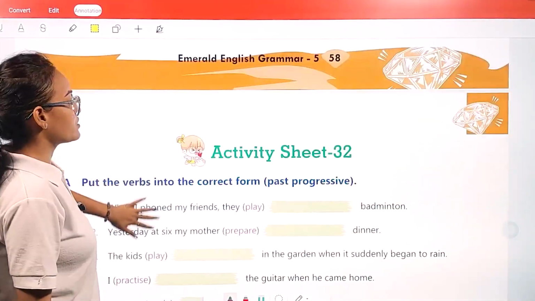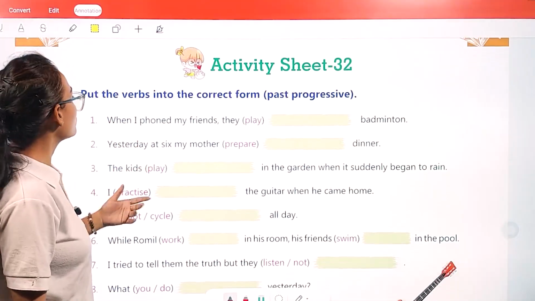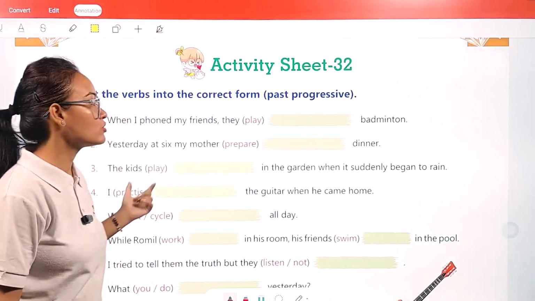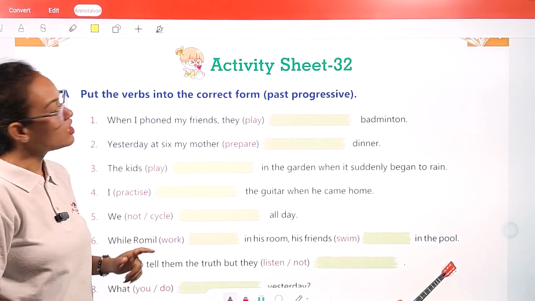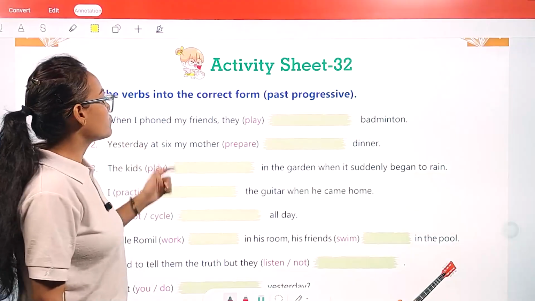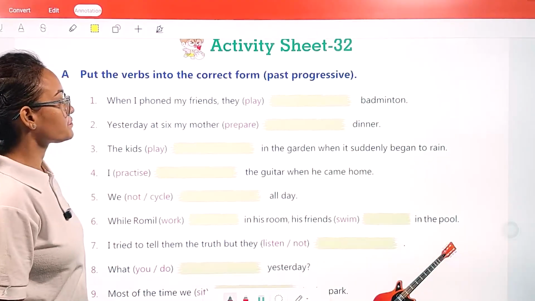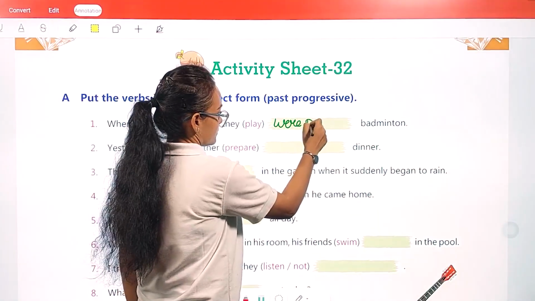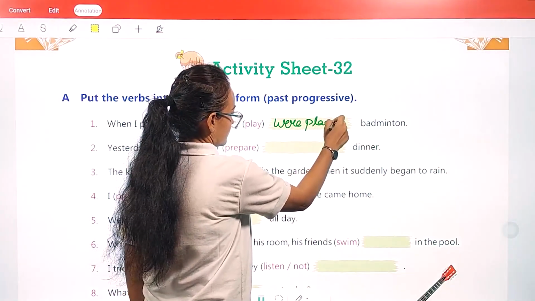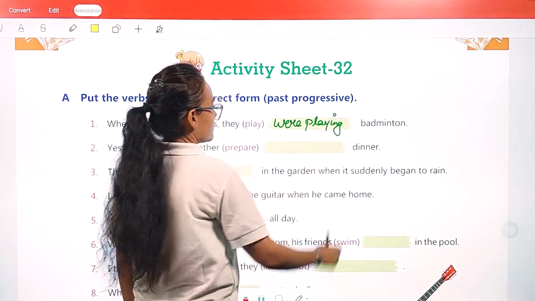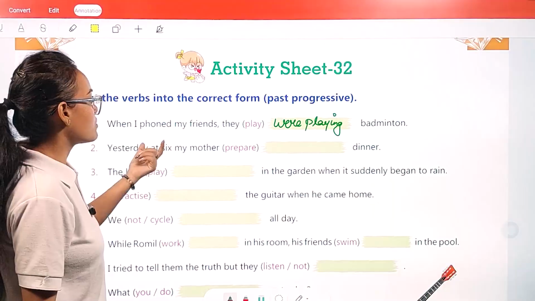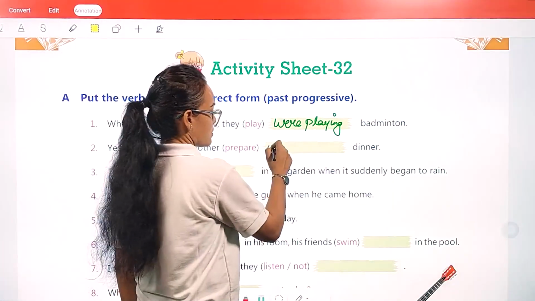Now, activity sheet number 32, here what we are going to do, put the verb into the correct form. Okay, here we are going to put the verb into the correct form, that is past progressive form. The first one is, when I phoned my friend, they were playing badminton. Okay, yesterday at 6 my mother was preparing dinner.